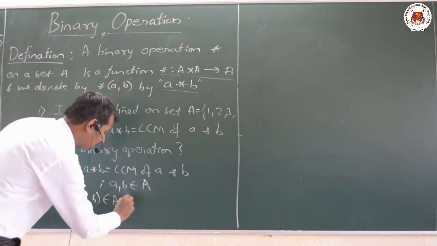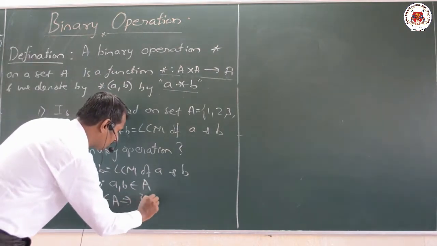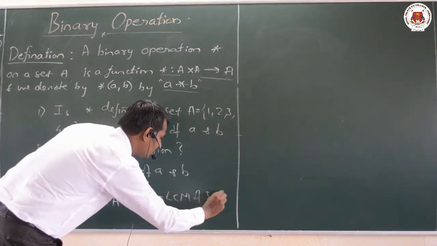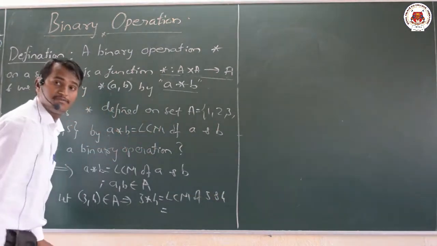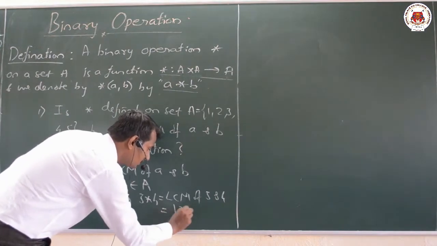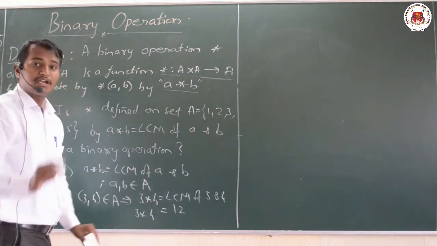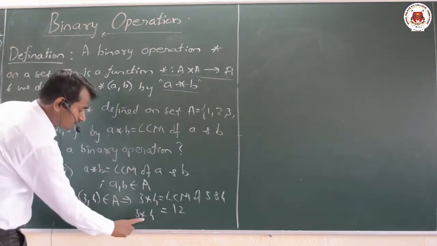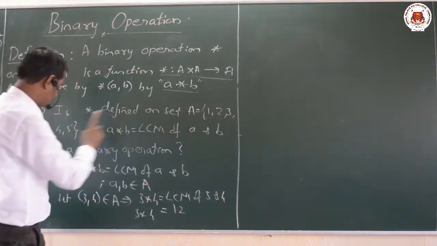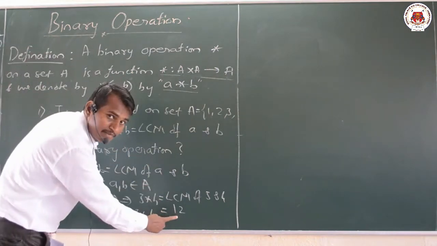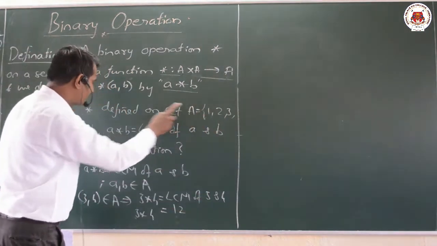As per the definition, 3 star 4 means LCM of 3 and 4. The LCM of 3 and 4 is 12. That means 3 star 4 equals 12. Now let us check our condition. Input 3 comma 4 belongs to set A. But does the output 12 belong to set A?